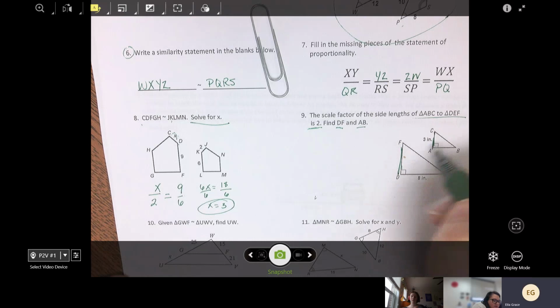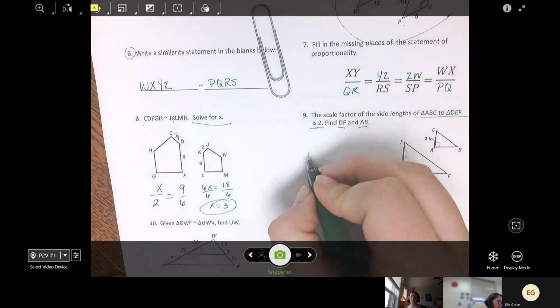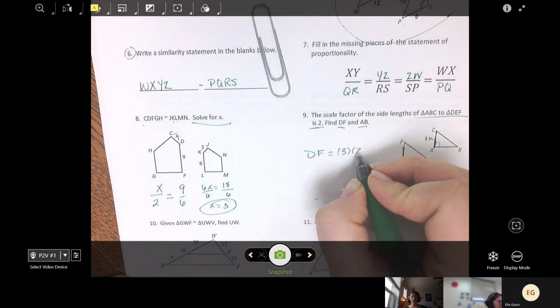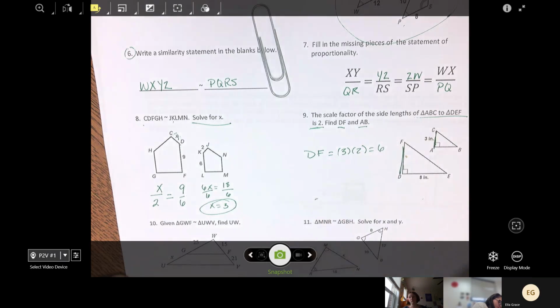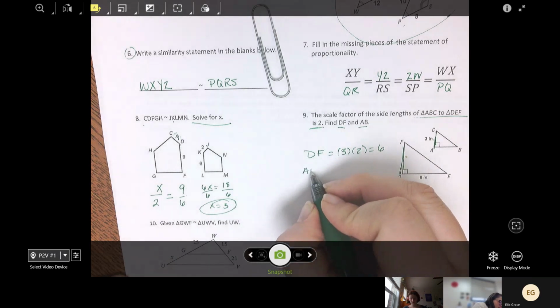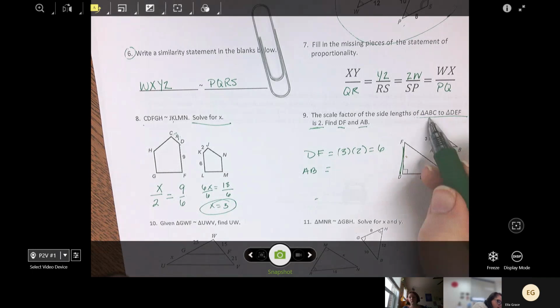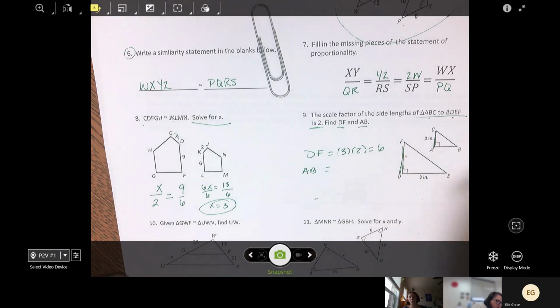And if your scale factor is 2, that means you're multiplying by 2. So what is 3 times 2? 6. Yep, and that's all you have to do. And so for AB, you're going to have to go the other direction. From ABC to DEF, you multiply by 2.